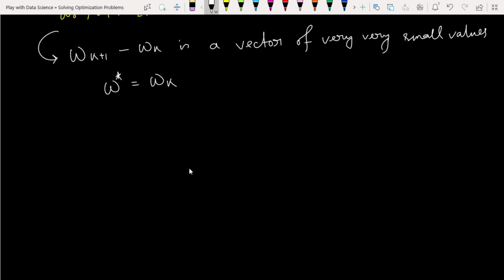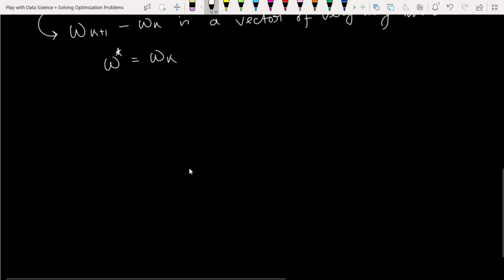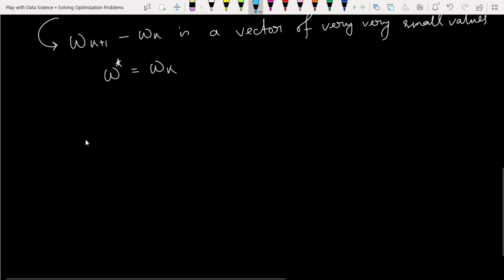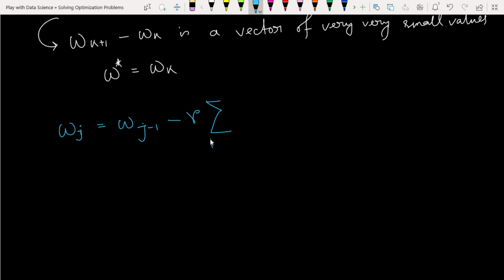Now the main problem is this: I am writing this equation again in iterative way. wj equals wj minus 1 minus r into the summation of i equals 1 to n of minus 2 xi (yi minus w(j minus 1) transpose xi).